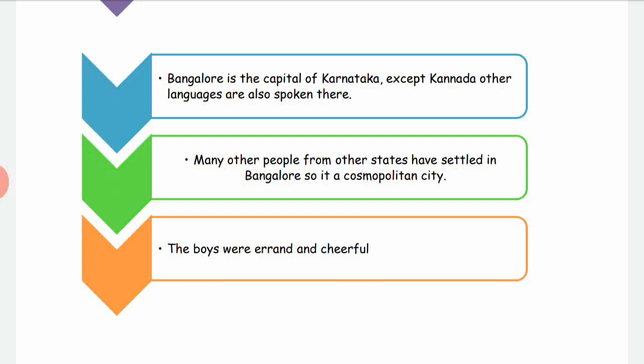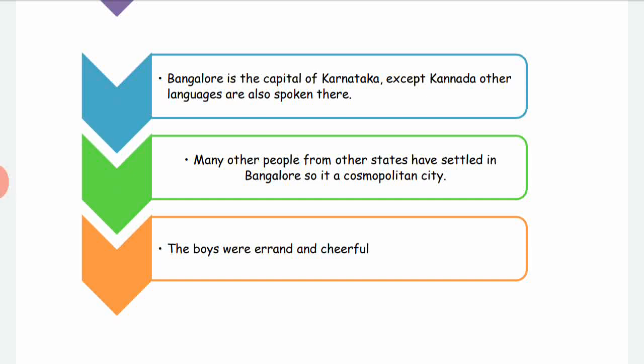Now the poet shifts our attention towards Bangalore, which is the capital of Karnataka. And she tells us that except Kannada, other languages are also spoken there. So the author takes a shift. After telling that she had a driver, she goes to the service station on Saturday, Ram and Gopal are there.